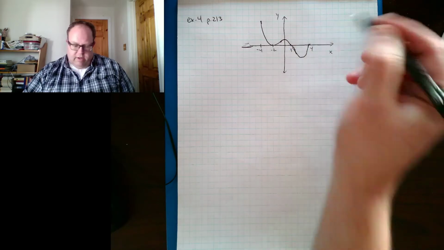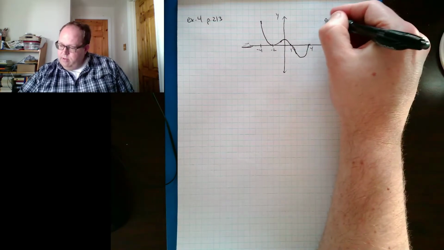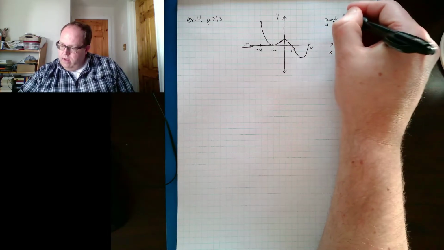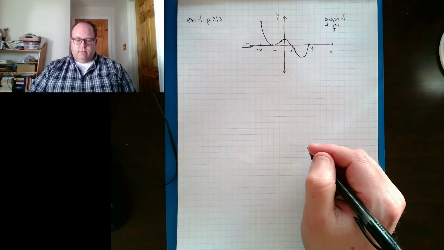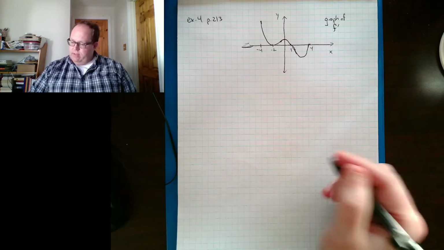Something like this is my graph. And this, I am told, is a graph of the derivative of a function. And then I'm asked a number of questions about it.